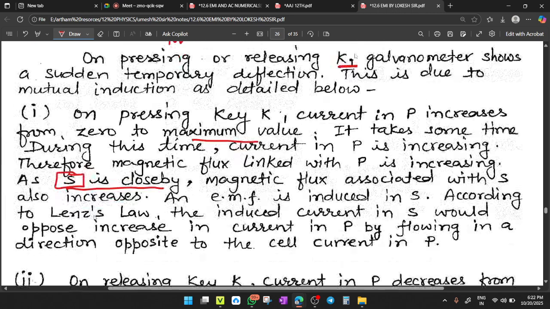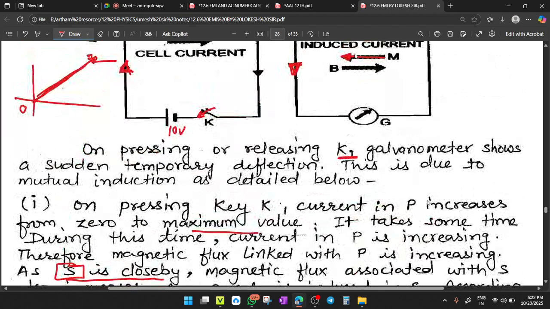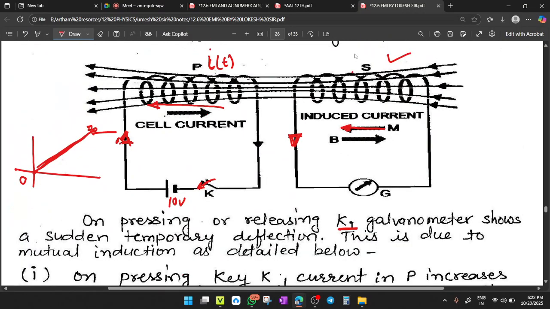Magnetic flux associated with this also increases, and EMF is induced in S. According to Lenz's law, the induced current in S would oppose the increase in current in P by flowing in a direction opposite to the cell current in P. If the main current is flowing in this direction, then the induced current will flow in the opposite direction. Clear?